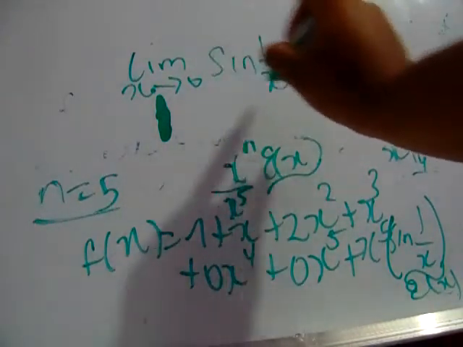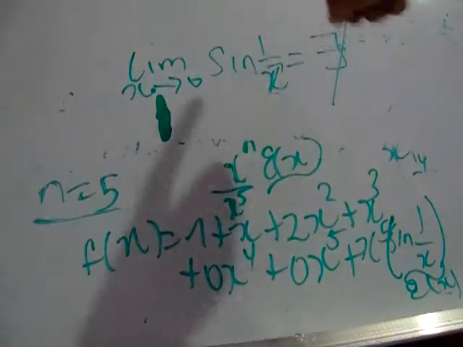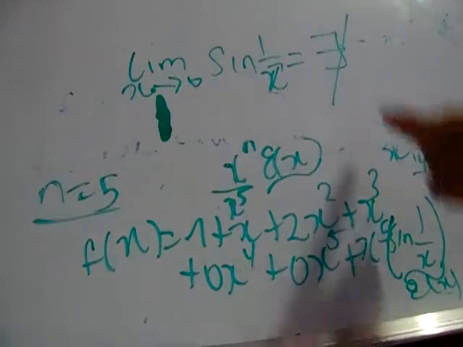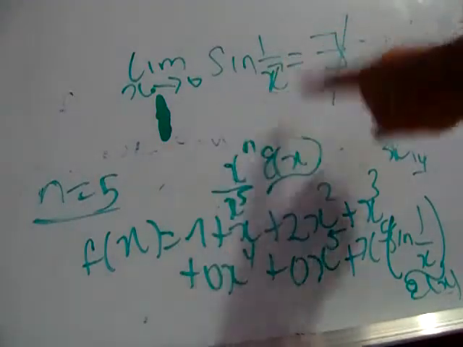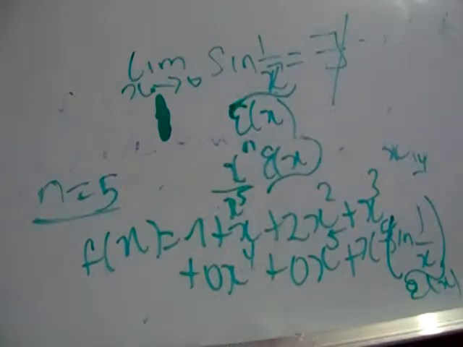Because if x tends to 0, we make this 0, sinus 1 over 0, and 1 over 0 is infinity. So sinus infinity doesn't exist. So generally, the limit of sinus 1 over x when x tends to 0 doesn't exist. So it means the limit of epsilon of x as well doesn't exist, because this is epsilon of x.